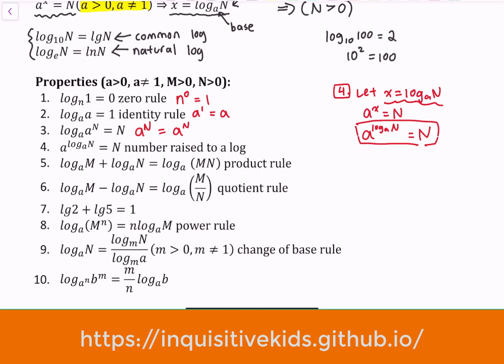Now, what about our fifth property? This is called the product rule, and it has a lot to do with the properties of exponents.